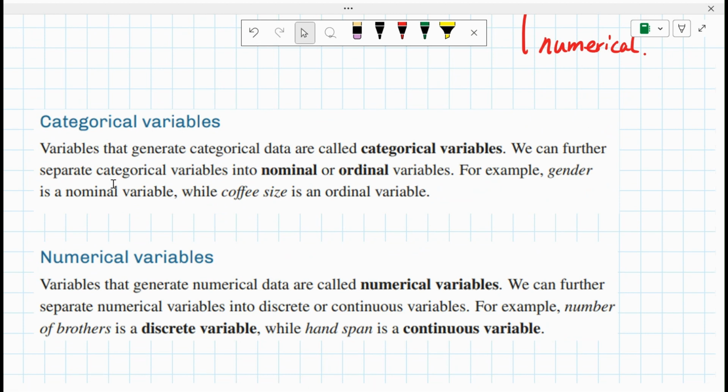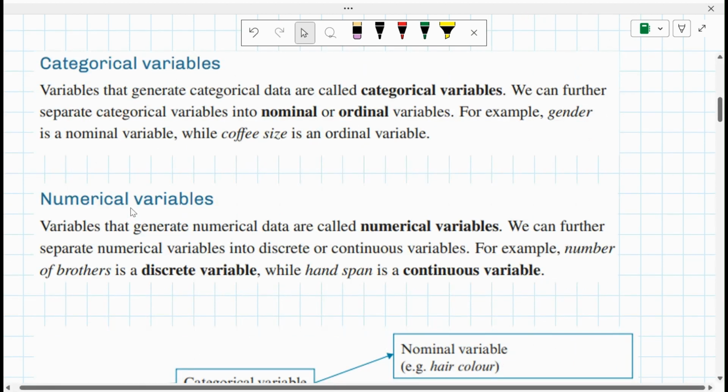Categorical variables can be further separated into nominal and ordinal variables. For example, gender is a nominal variable and coffee size is an ordinal variable.